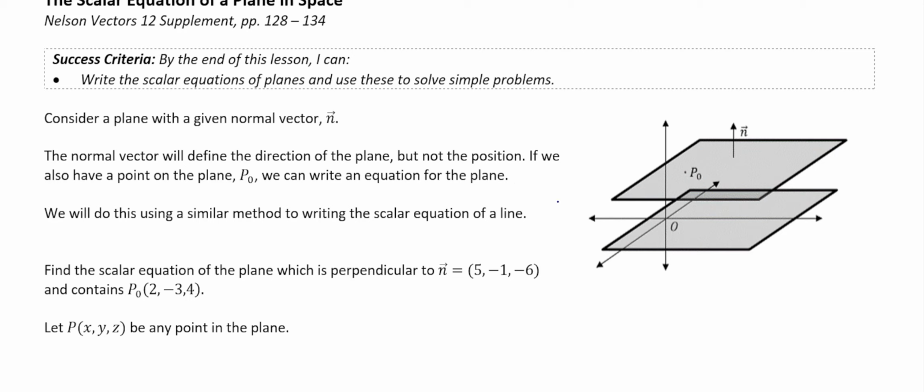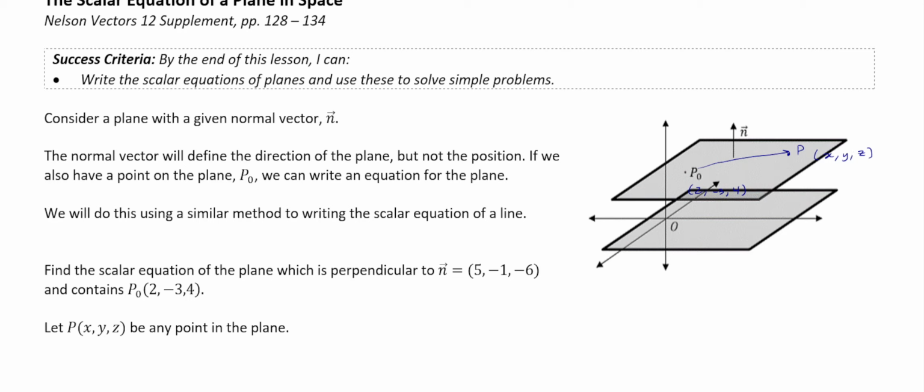So I know that this point right here, P naught, is equal to 2, -3, and 4. And then this point right here is any other point on the plane, so I can just write X, Y, and Z.